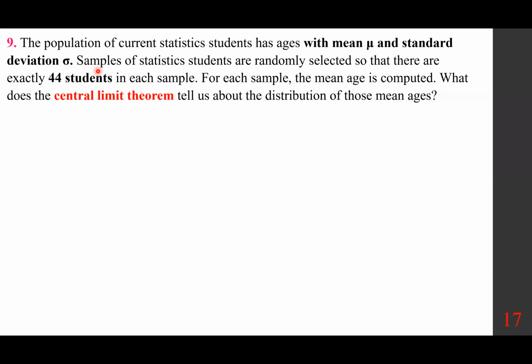Samples of statistics students are randomly selected so that there are exactly 44 students in each sample. For each sample, the mean age is computed. What does the central limit theorem tell us about the distribution of those mean ages? Central limit theorem, or CLT.